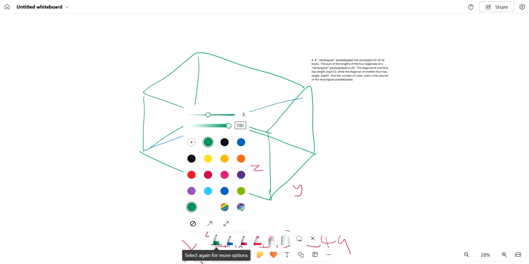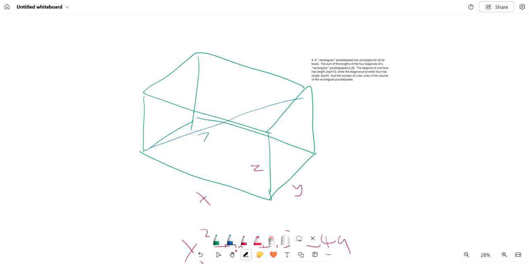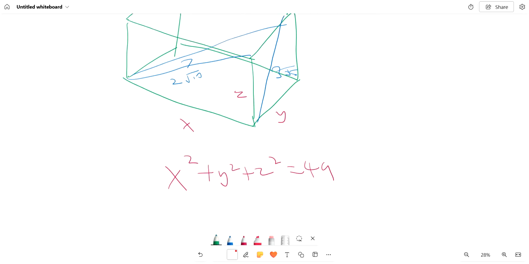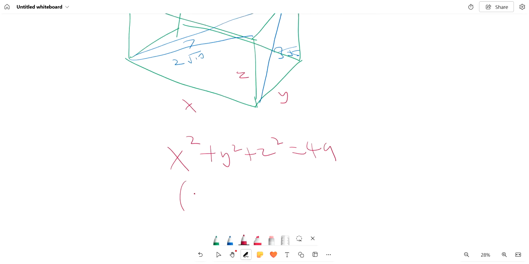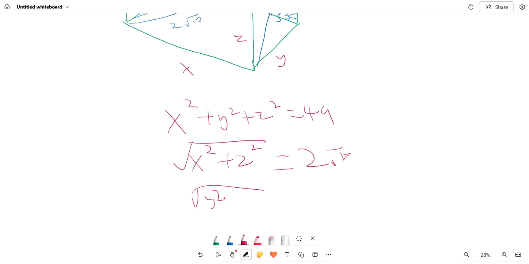We are also given that one of these diagonals right over here is, let's call this one, 2 root 10, and also call this one the 3 root 5 diagonal. This means that the square root of x squared plus z squared equals 2 root 10, and the square root of y squared plus z squared equals 3 square root 5.